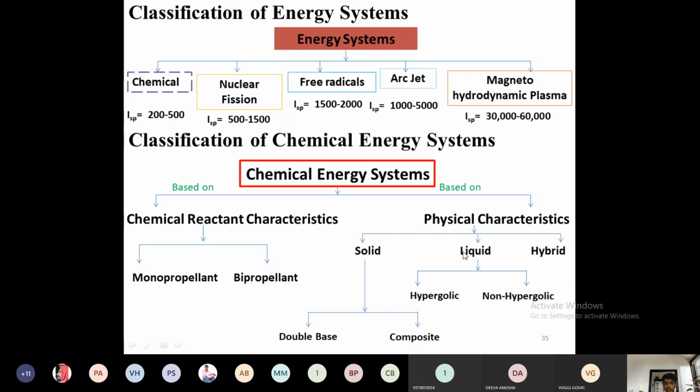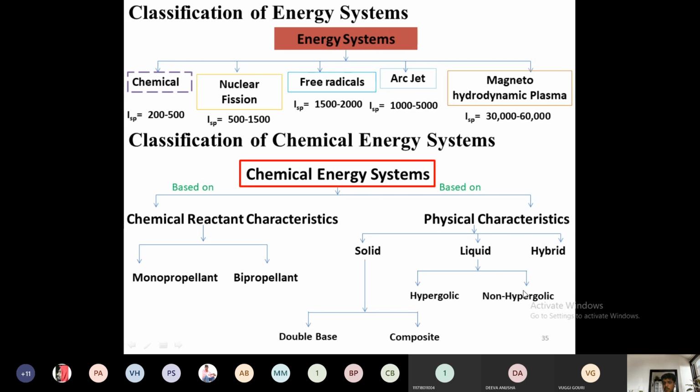Further, this liquid propellant has been classified into two: hypergolic and non-hypergolic. The hypergolic liquid propellant mixture will be prepared in such a way that it contains the fuel plus oxidizer plus ignition source, which will automatically get ignited when the oxidizer comes in contact with the fuel. It will spontaneously get ignited.